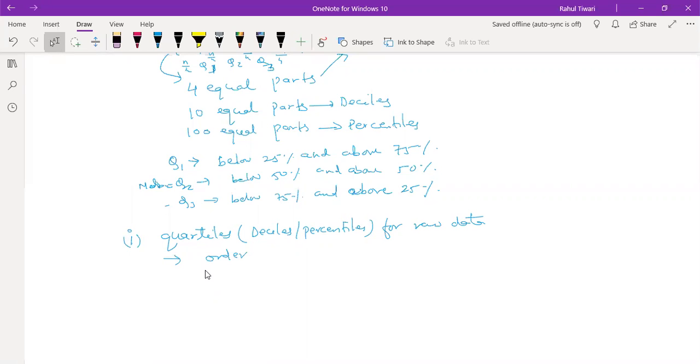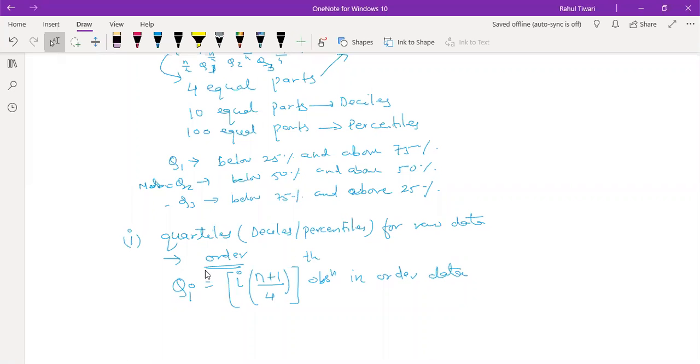Whenever you are obtaining decile, percentile, whatever, we need to put the data in order. Then what is the general definition of quartiles? Qi is equal to i times (n plus 1) by 4 th observation in the ordered data.